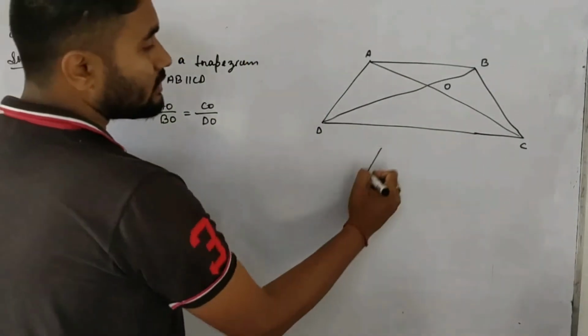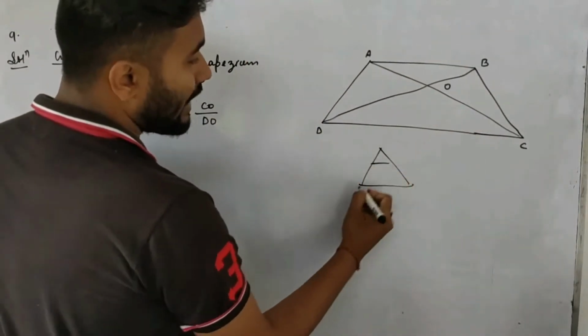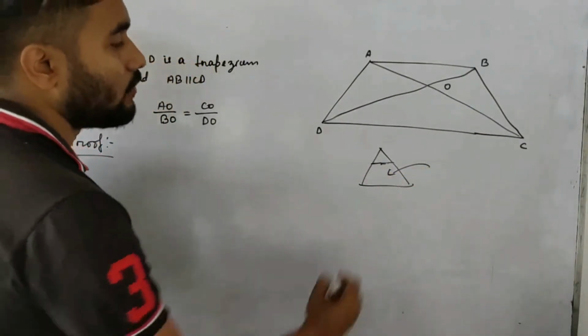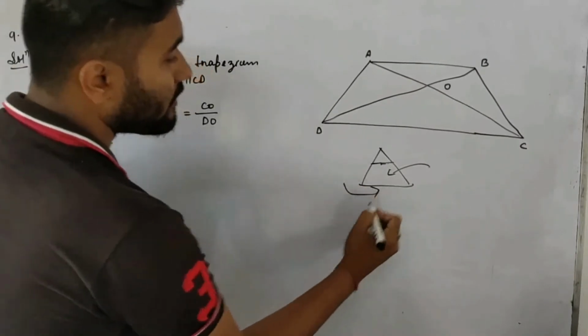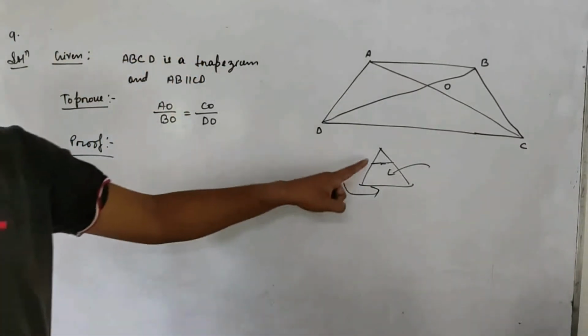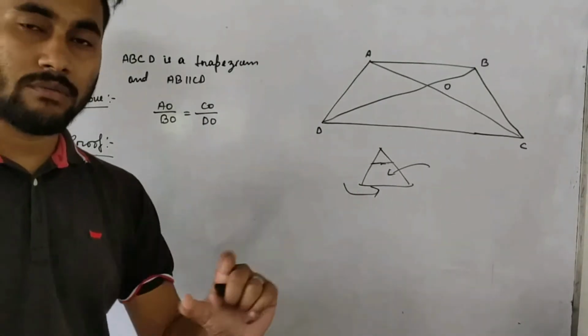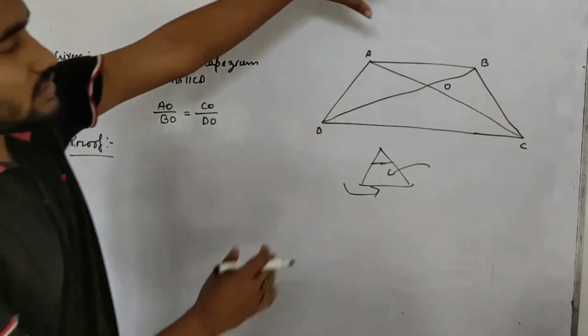To use the Thales theorem, the parallel should lie inside the triangle, and one will be the side of the triangle. One parallel line will lie inside the triangle, and one parallel line, the longer one, will be the side of the triangle.